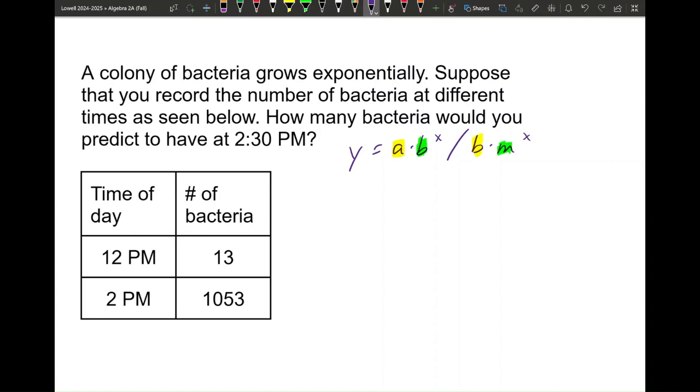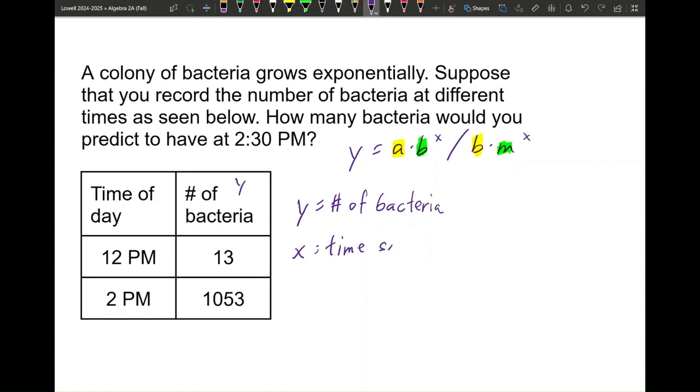Maybe I'll do two different ways of doing this. For this column, y is going to be our number of bacteria, and of course x will represent our time. But we want to be really specific about where this time starts.